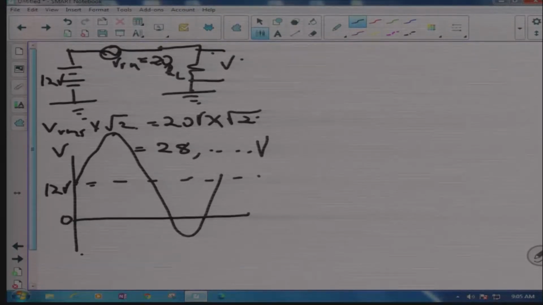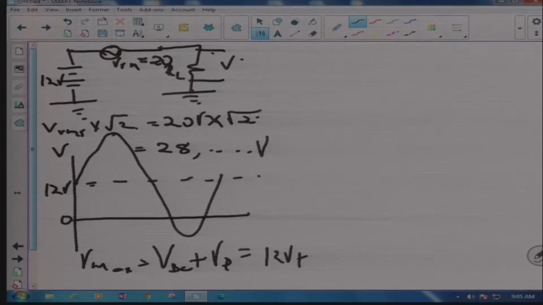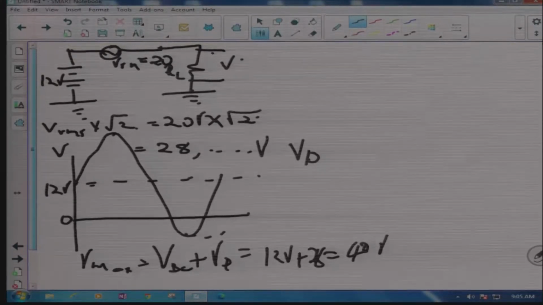I calculate it also. V maximum is equals to VDC plus V peak, which is equals to, my VDC is 12 volts plus 28 volts, which gives me something in the region of 40 volts. That is my maximum. My minimum I can also calculate. This point in here, it's VDC minus V peak.